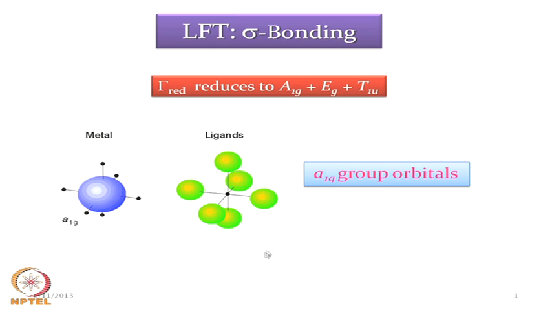If we use 6 ligand orbitals available for sigma bonding, there is a corresponding symmetry level, like the px, py and pz, available for overlap with the A1g symmetry of the metal orbital. Then the A1g group orbitals will look like this.